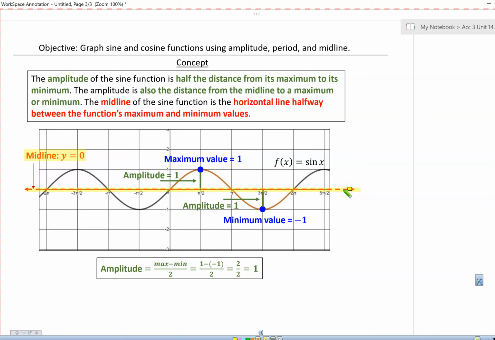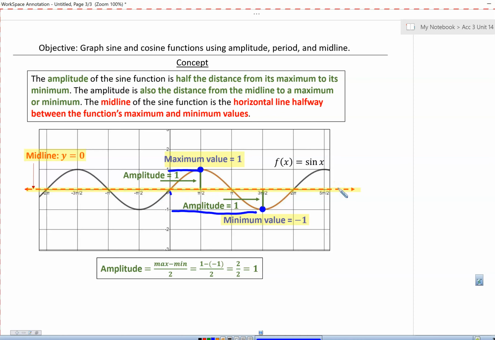But mathematically it's exactly halfway between the location of the maximum and the location of a relative minimum. Here our maximum is at 1, our minimum is at -1, and halfway between 1 and -1 would be 0. So our midline runs along y equals 0 because of that.